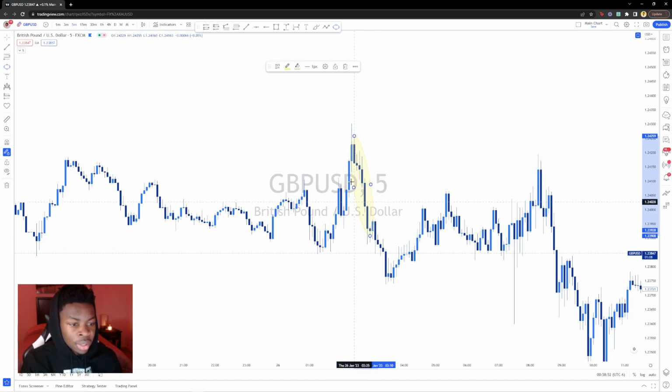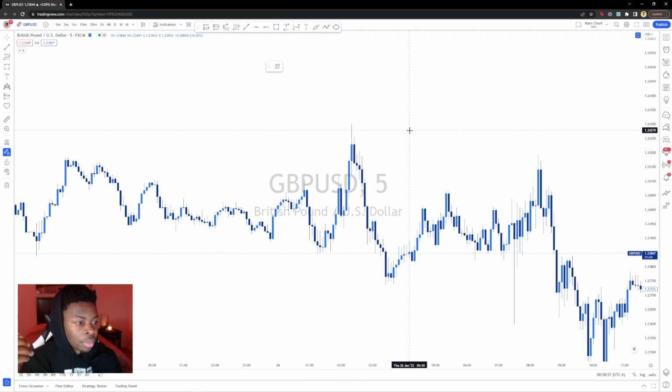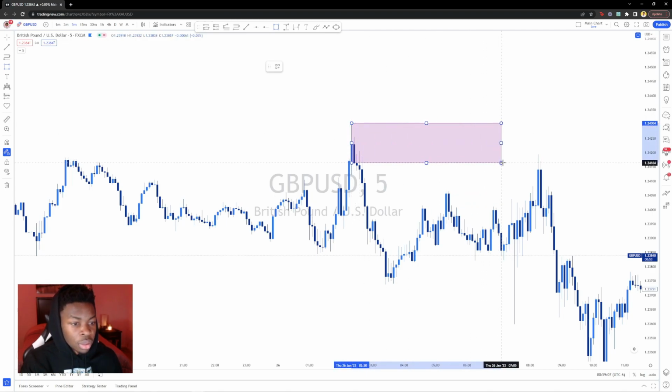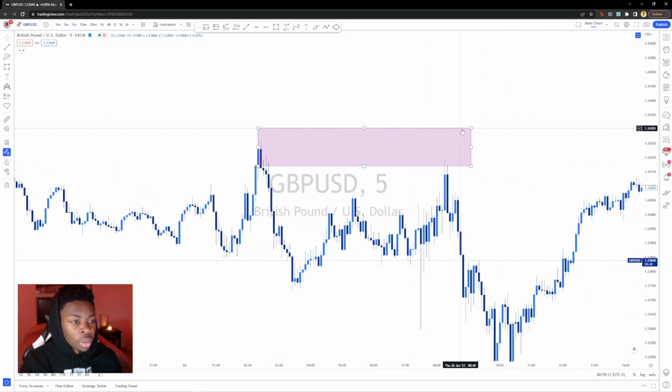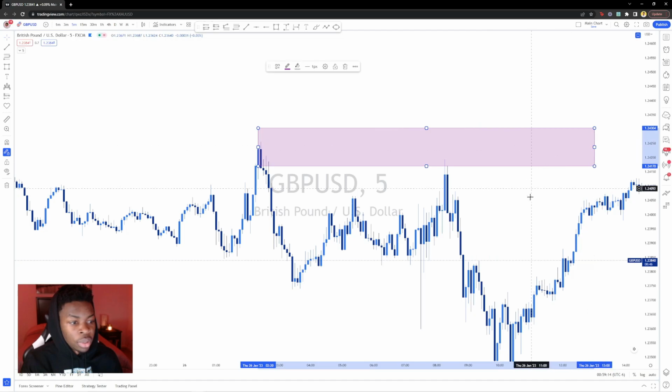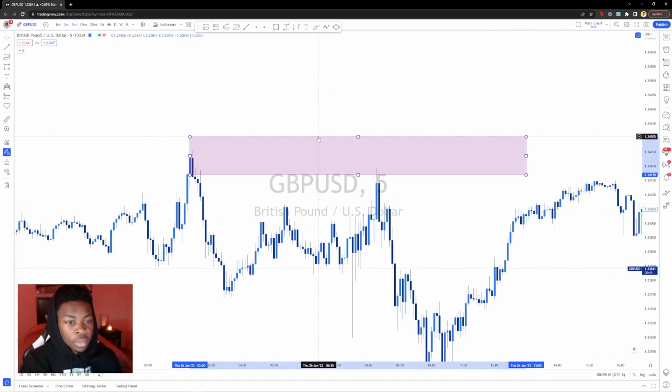So now we can draw our supply zone. How to draw it? You want to identify where the move started, so that previous candle before the momentum. Draw from the wick to the body in that case, and push it all the way to the right. So this one is going to be our supply zone.